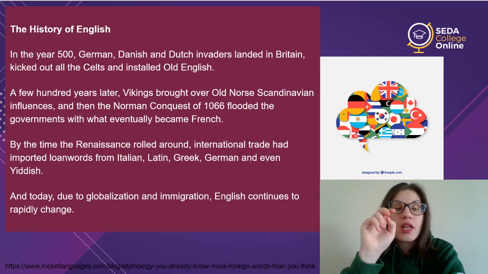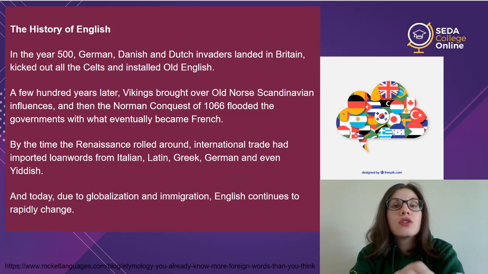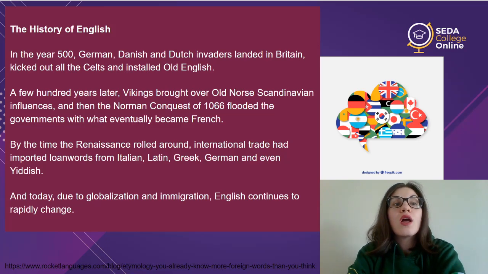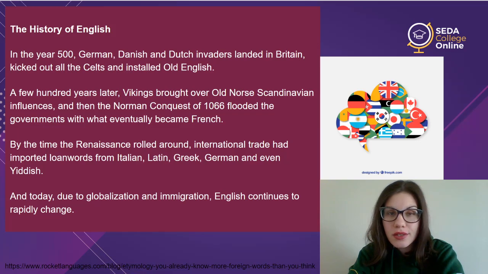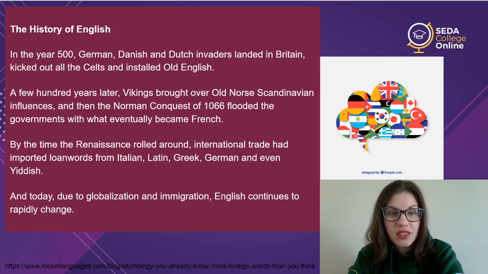So we know that the origin of the English language is Germanic languages. That's the basis, okay? But then we have more than that. A few hundred years later, Vikings brought over Old Norse Scandinavian influences. Okay, of course, I'm sure you are all aware of the Vikings and the influence they had.